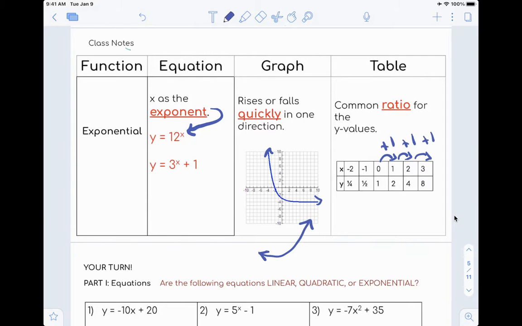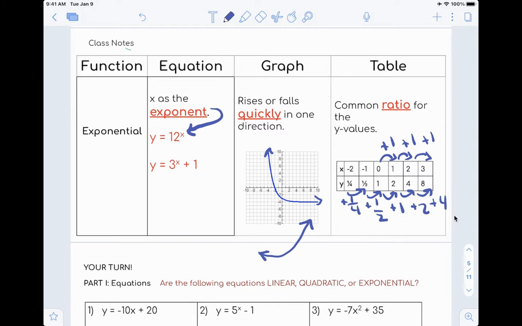When I look at the y values, going from 1/4 to 1/2, I'm increasing by 1/4. 1/2 to 1, I'm increasing by 1/2. 1 to 2, that's +1. 2 to 4, that's +2. And from 4 to 8, that's +4.